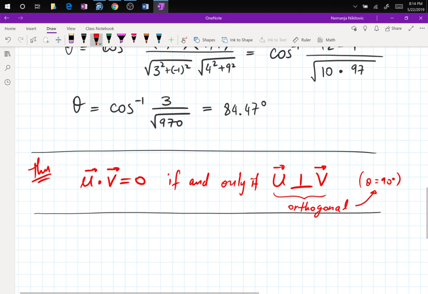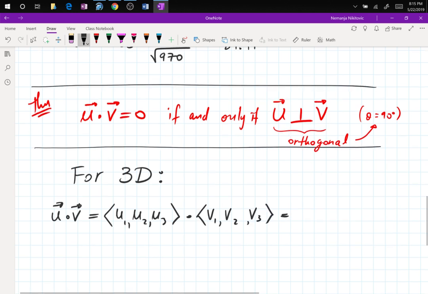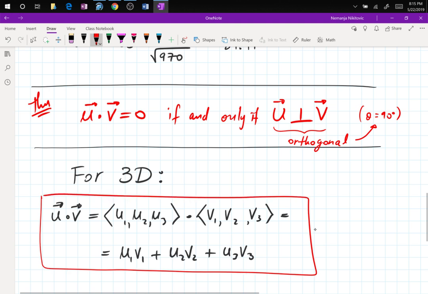Okay. So now, for 3D, just add one more component. So the dot product u dot v is now, let's go u1, u2, u3, dotted with vector v1, v2, v3. And that's going to be u1 v1 plus u2 v2 plus u3 v3. And that will be the dot product for 3D.